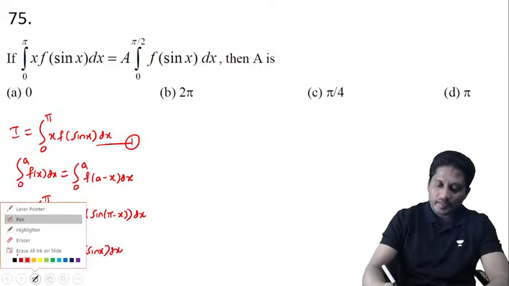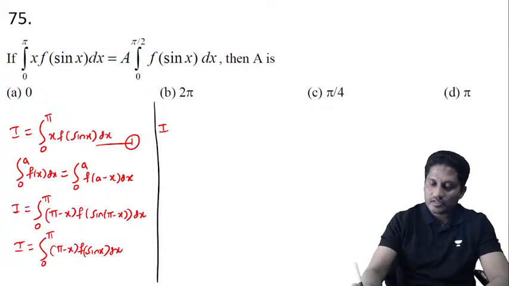Now if you open the bracket, I is equal to pi, a constant, I'll take outside, times integration 0 to pi of f of sine x dx, minus integration 0 to pi of x times f of sine x dx.